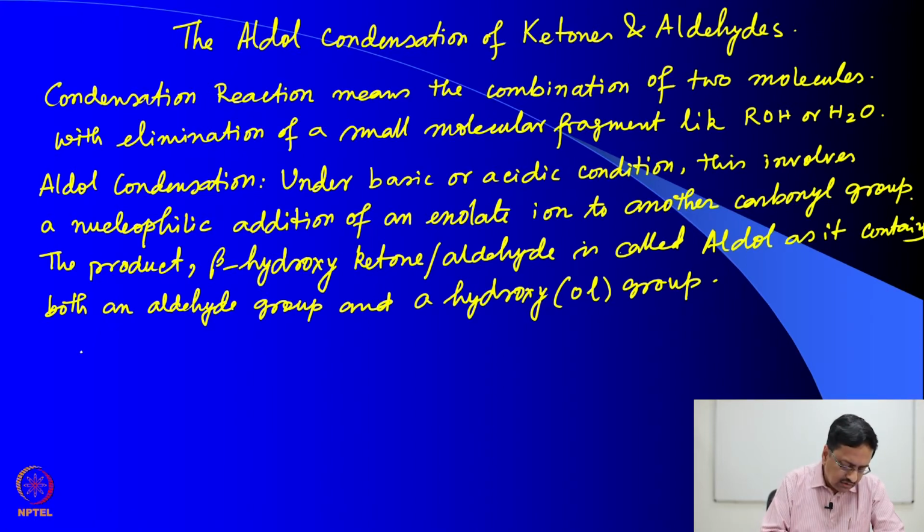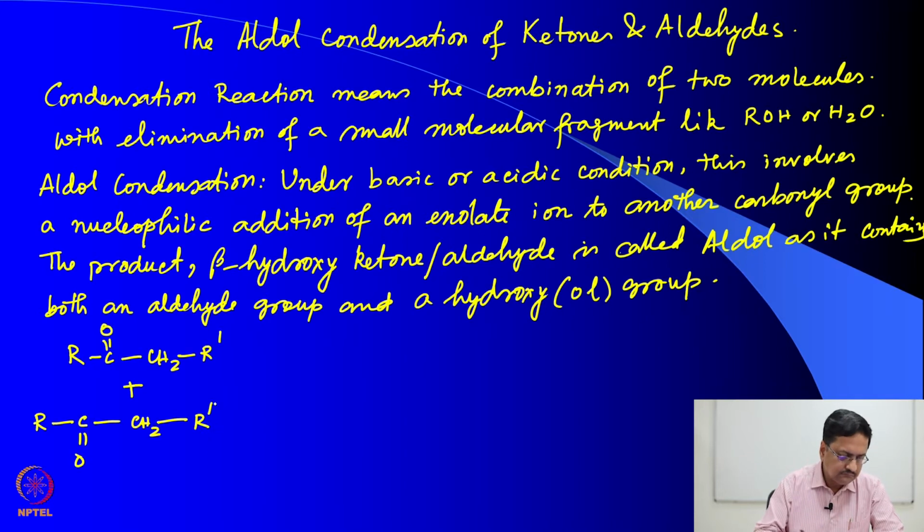So, a general reaction can be written like this. Plus. This carbon is called the alpha carbon, in presence of H plus or OH minus. You get a product which is this one.